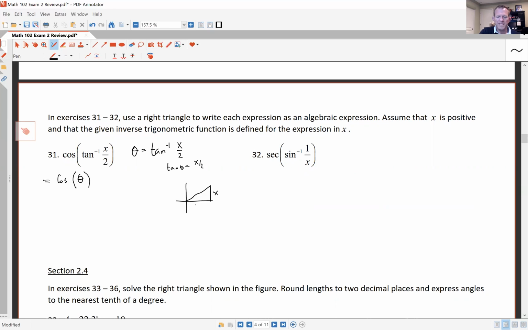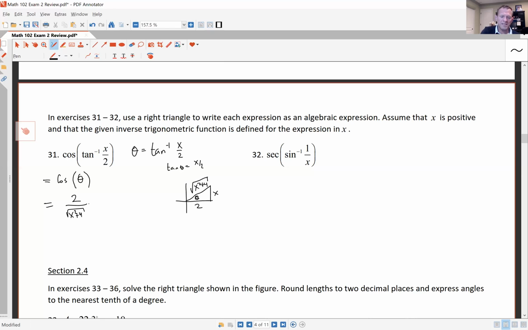That's opposite over adjacent, tangent's opposite over adjacent, which means that this is the square root of x squared plus 4. Now, you got to leave that thing as the square root of x squared plus 4. There's nothing we can do to make that look any nicer. That's just what it is. So then the cosine of that angle theta is adjacent over the hypotenuse, 2 over the square root of x squared plus 4.